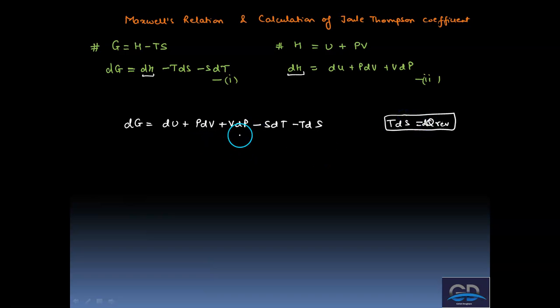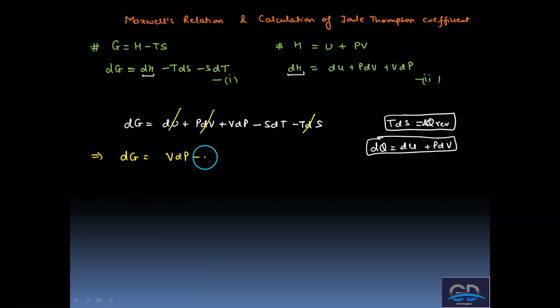And from the first law of thermodynamics, we know that this dQ will be equal to dU plus PdV. So from the first law, these terms dU, PdV and TdS get cancelled. So from here we have the first expression, which is dG is equal to VdP minus SdT. That is the expression for change in Gibbs free energy.